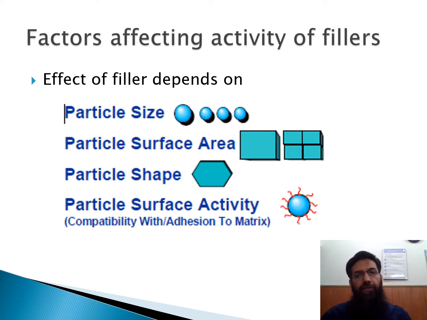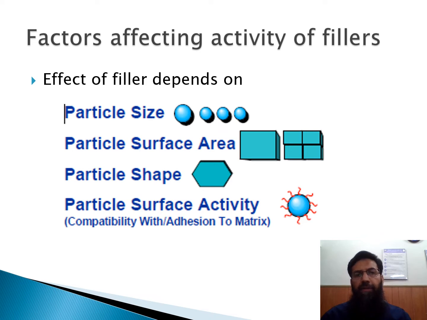There are different factors which affect the activity of the fillers, which include the particle size, particle surface area, particle shape, and particle surface activity. These factors are very important in the selection of fillers for different parts, for different applications. The particle size is very important because there are different types of fillers available in our market, which are in the micron sizes or which are in the nano sizes.